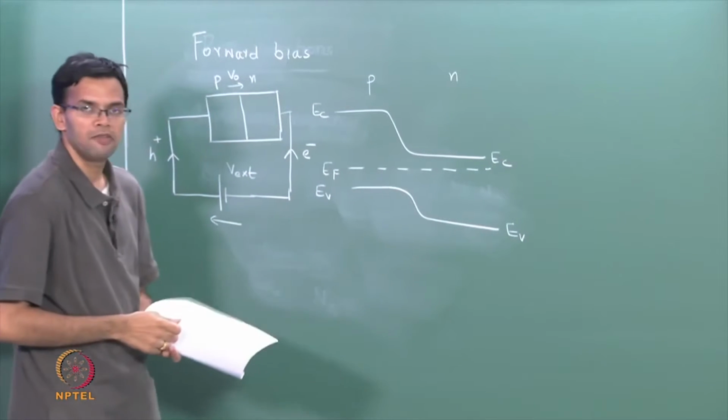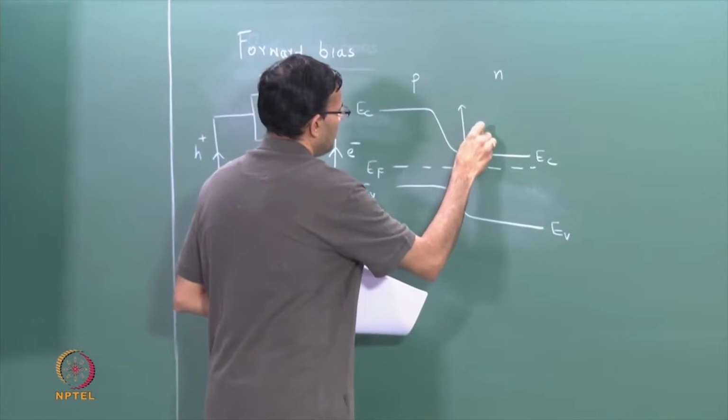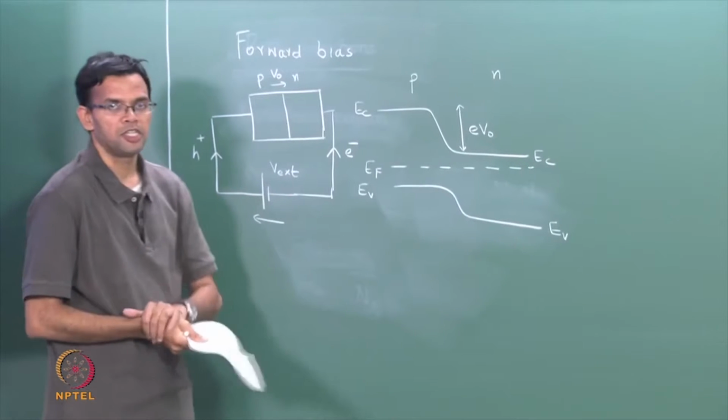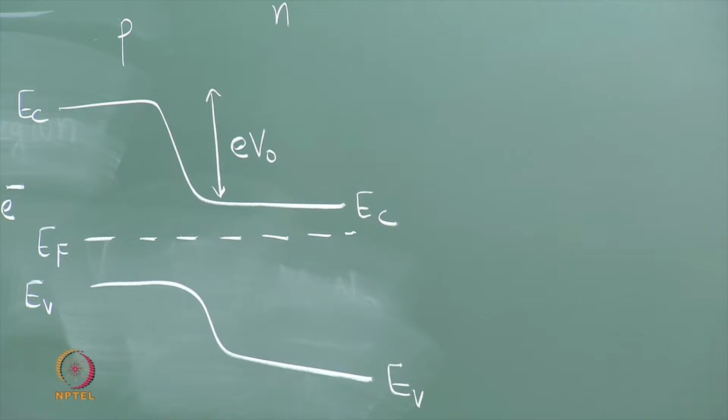So this is in equilibrium where the barrier is nothing but E V naught. I now apply an external potential that opposes V naught. So the equivalent of saying this is that this barrier is lowered.